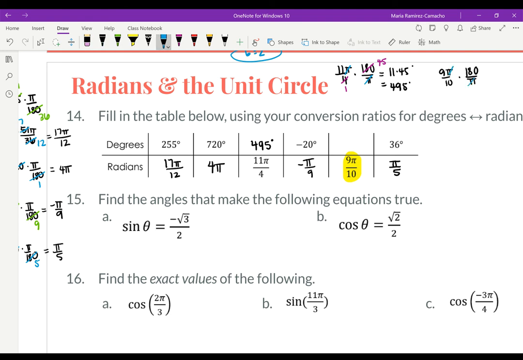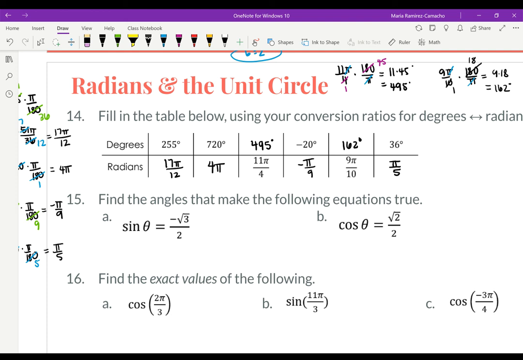Again, the pi's cancel out. 10 goes into 10 once. 10 goes into 180 18 times. 9 times 18 would be 162. Okay, that's it for number 14.